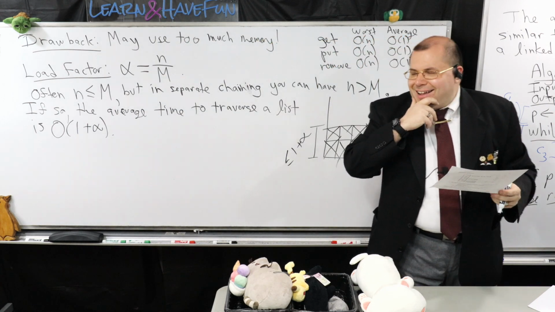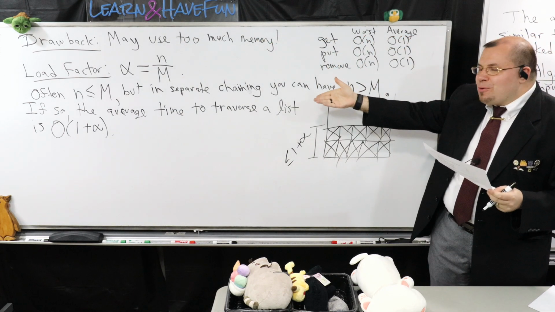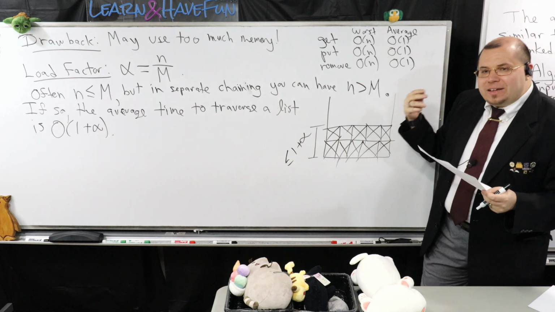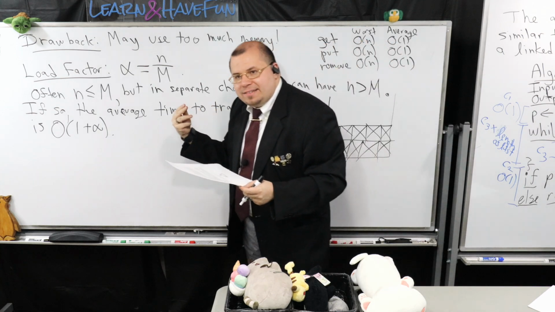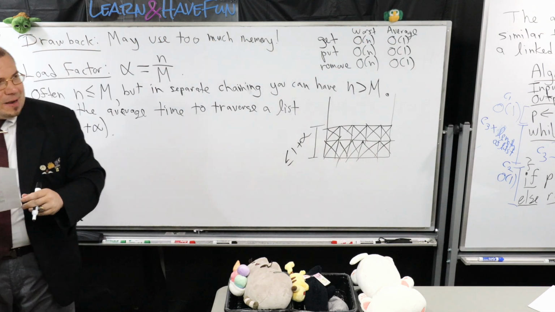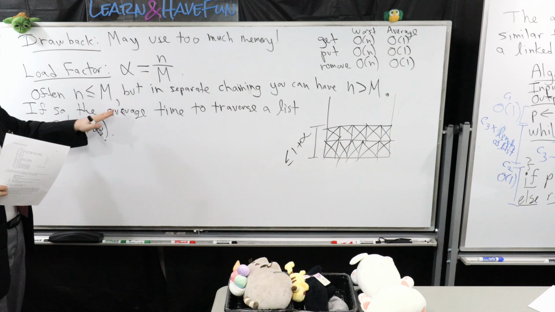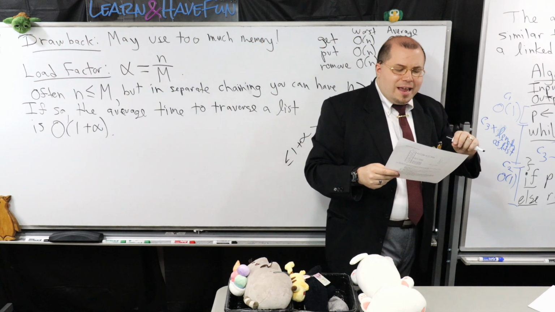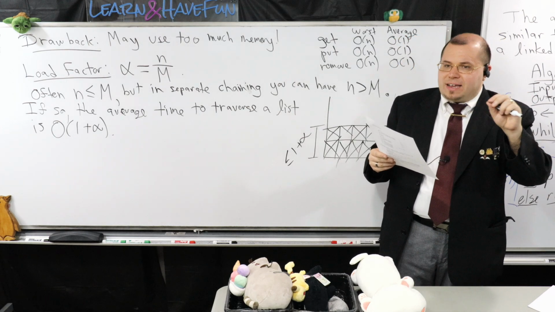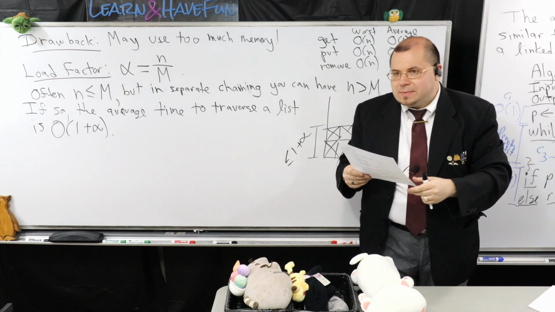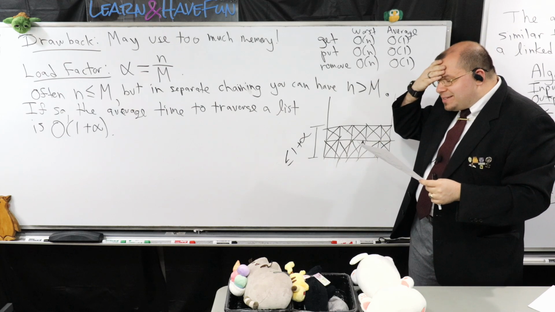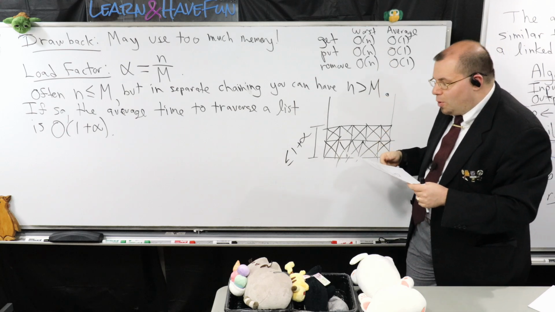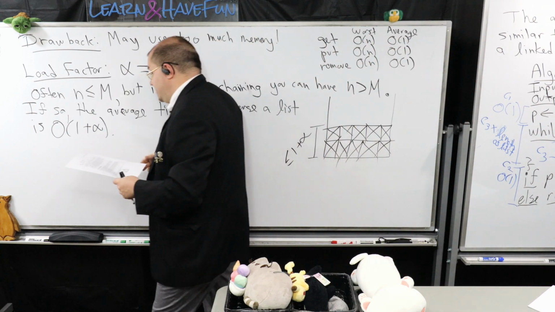So you might ask, Dan, why do we care that this alpha thing exists? This gives you some insight in how you should size the hash table. If you know how many records you're going to have in this table, and you want to have some constant number of collisions roughly, at least on average, then the number of table slots should be at least proportional to the number of elements you want to have in the table by some constant.